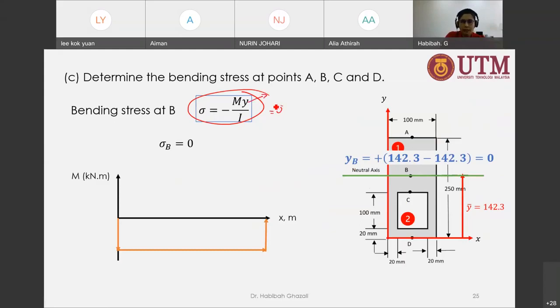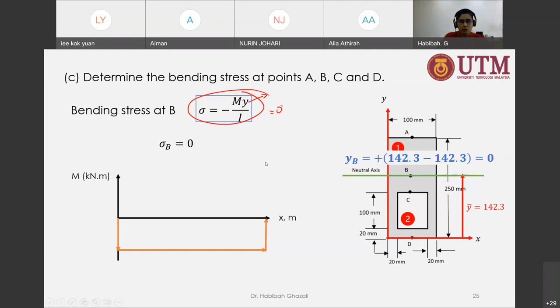At the neutral axis of the beam, there's not going to be any stress generated, because we assume the fiber there experiences no change in length. When there's no change in length, there's no strain, and when there's no strain, there's no stress. That's why at the neutral axis there's going to be 0 stress. So that solves bending stress at B.